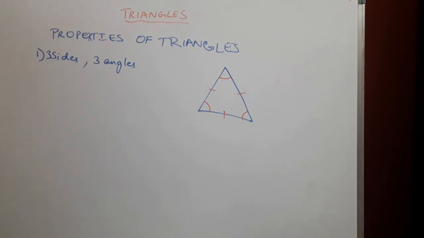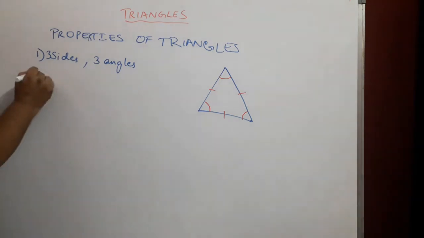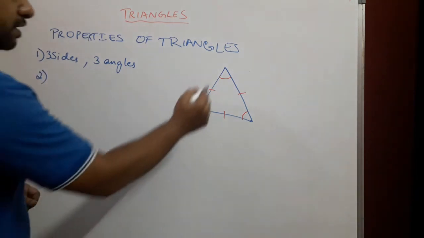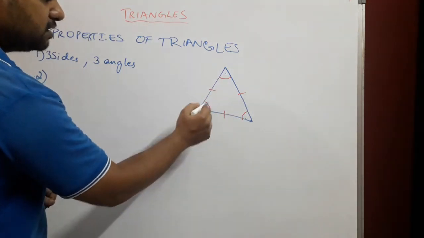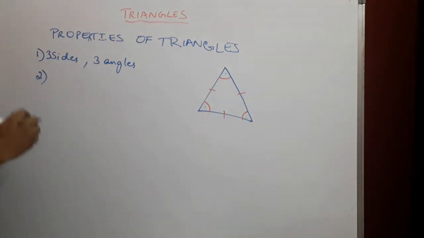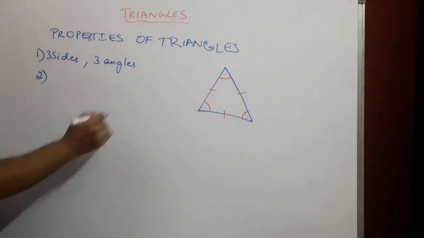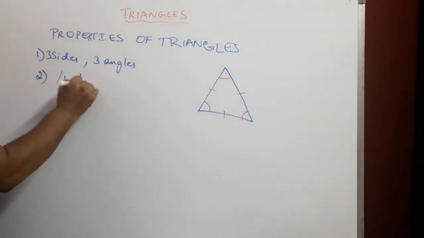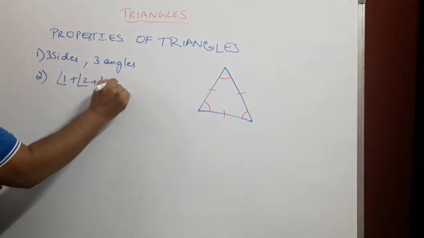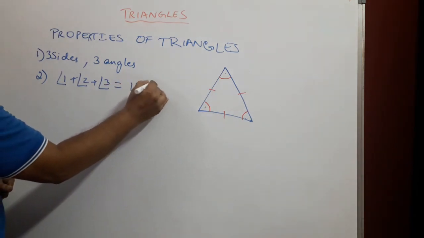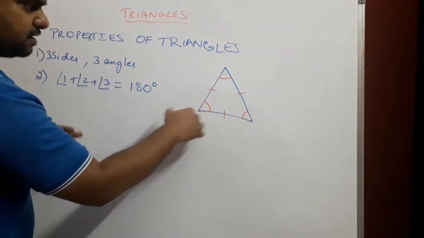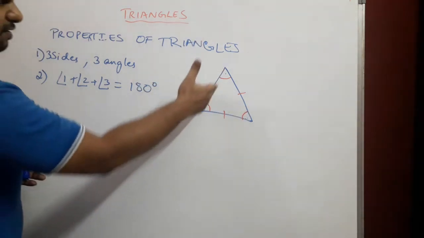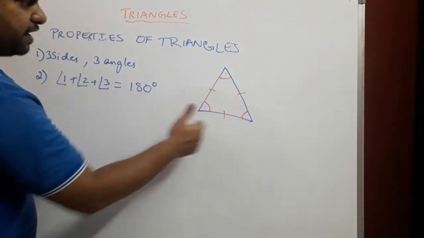The second property that we learn is, we see these three angles. The sum of these three angles is always equal to 180 degrees. So angle 1 plus angle 2 plus angle 3 will always be equal to 180 degrees. The degree of each angle will keep varying.